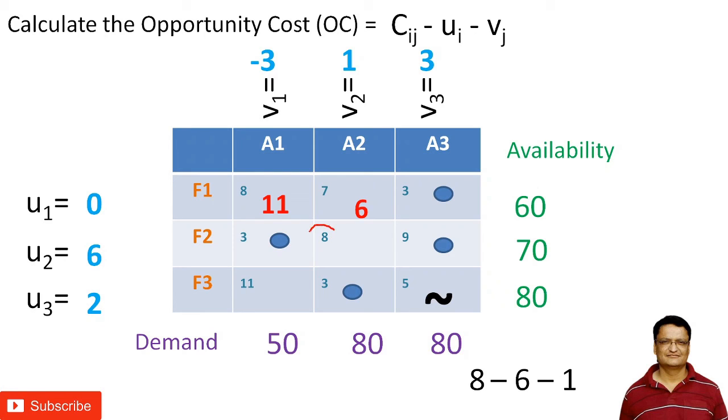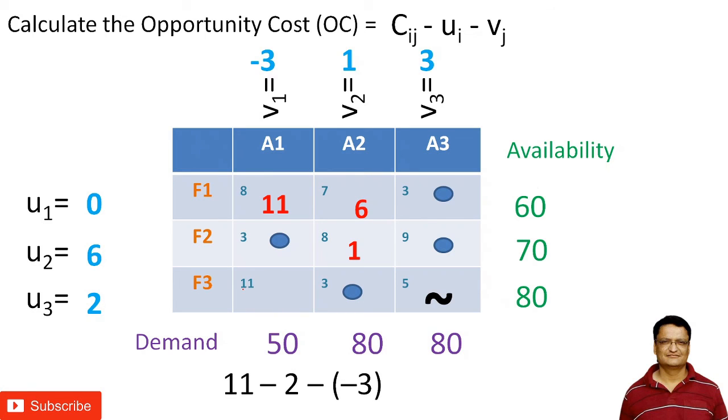Now we will calculate the opportunity cost for this cell. It is given by 8 minus the corresponding value of u2, which is minus 6, minus v2, which is given by 1. So my opportunity cost here is 1. Let us calculate it for the last empty cell.